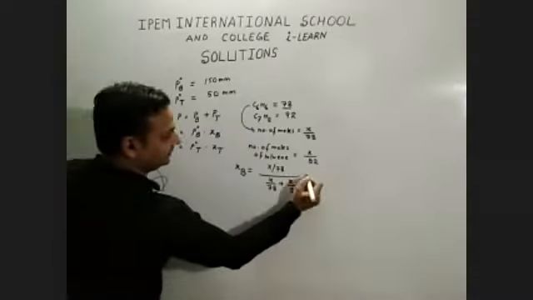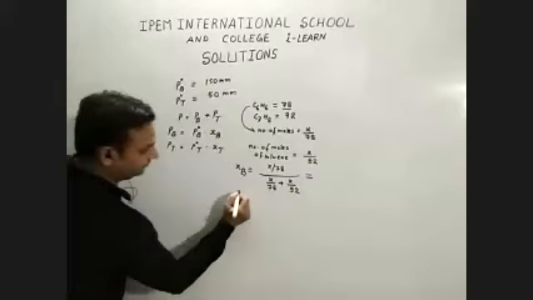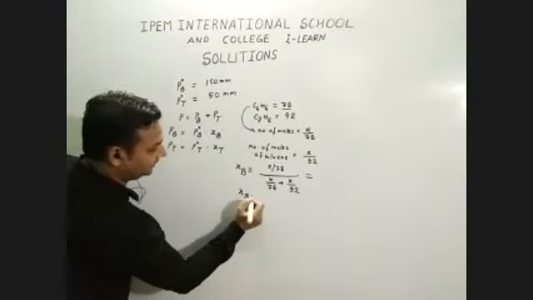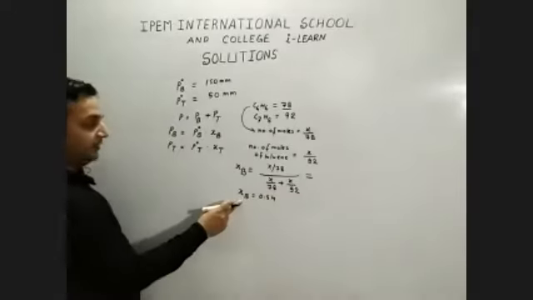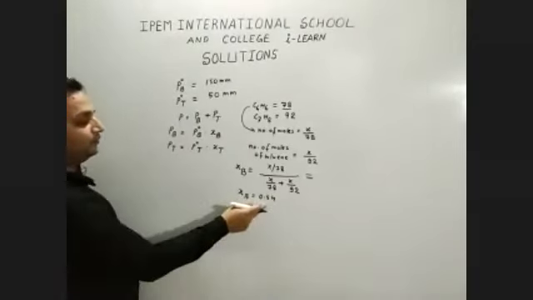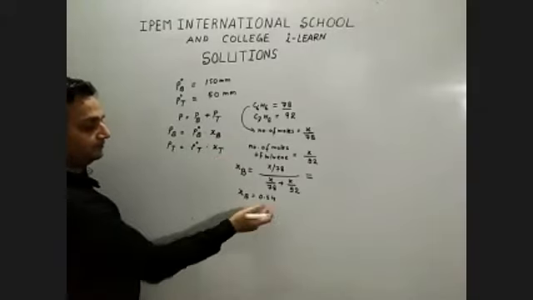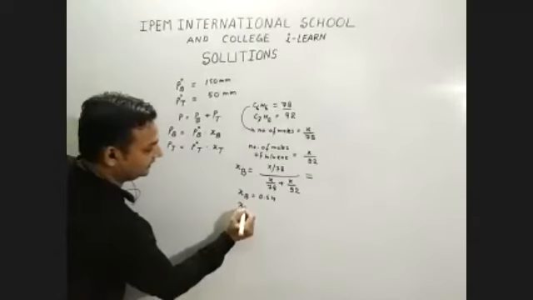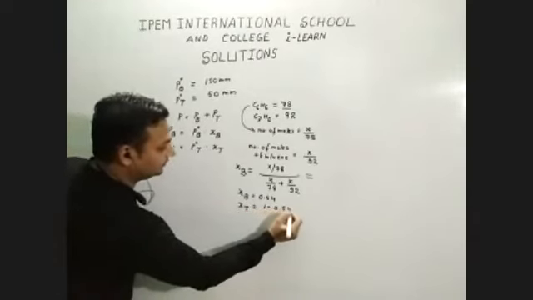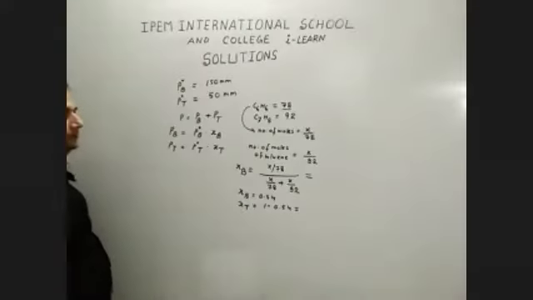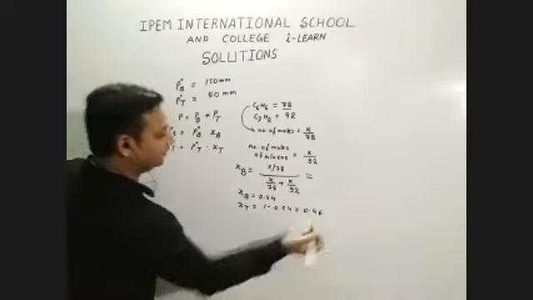Solve it fast, this one. X will cancel out. So 0.54, XB you will get 0.54. If XB mole fraction is 0.54, then XT automatically is 1 minus 0.54. How much? 0.46. So this we got.